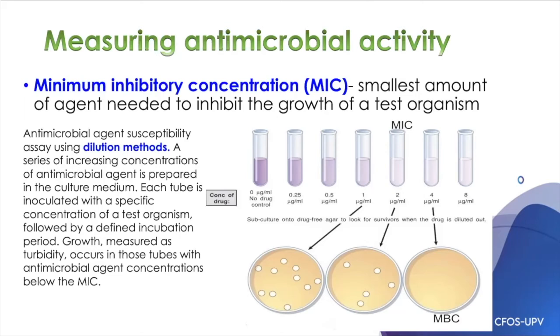So for example, you have a 100 ml of that extract, no? So yung gagawin nyo, di ba sa lab we did serial dilution? So i-dilute mo ngayon yung 100 ml mo. So you determine the concentration like this one sa ating sample.